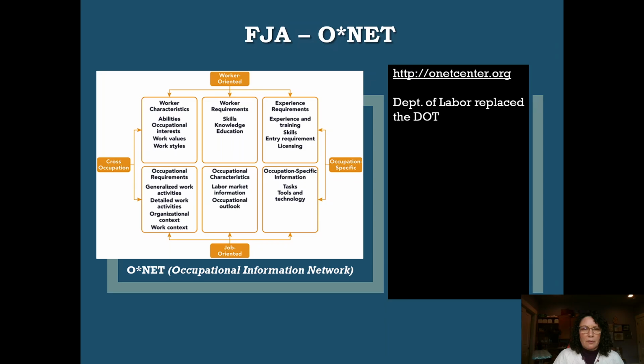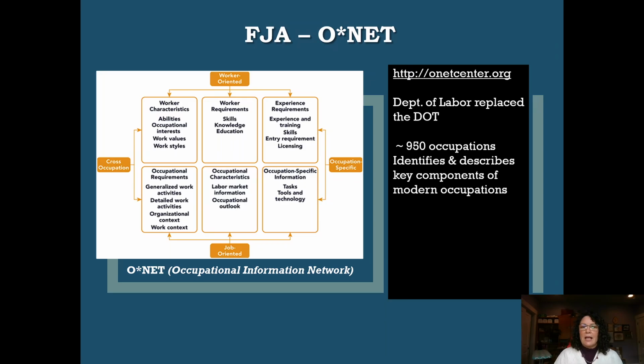So the Department of Labor, again, ordered this to be done, and it has replaced the Dictionary of Occupational Titles. It's reduced it from the 12,000 that had been in the DOT to about 950 ONET categories, and they identify and describe the key components of many modern occupations.